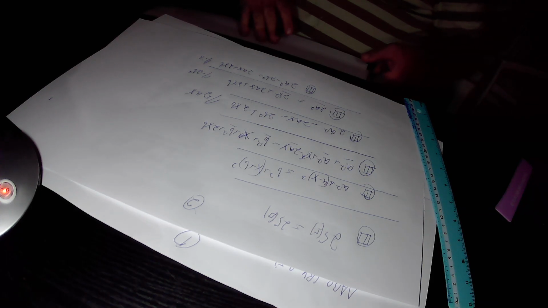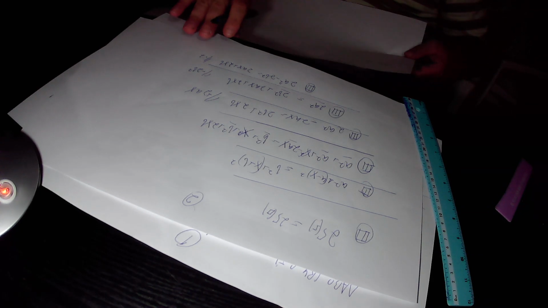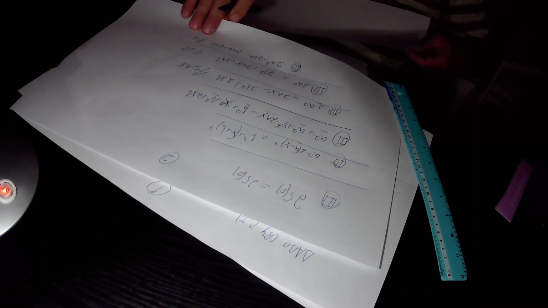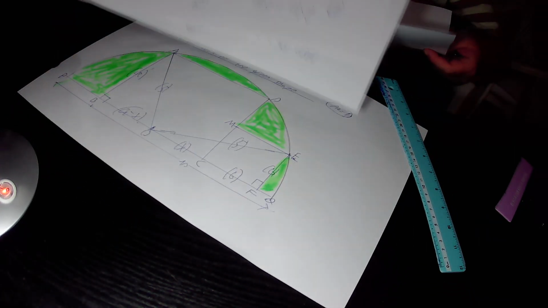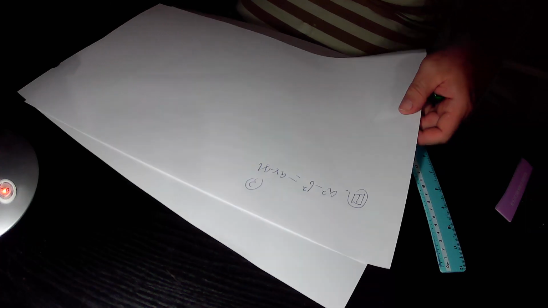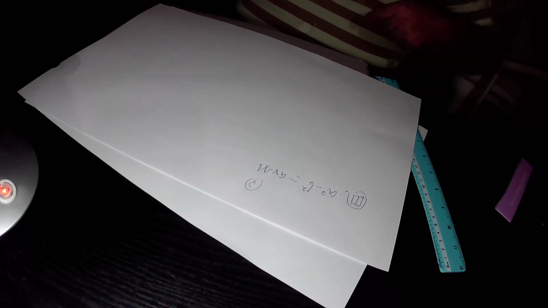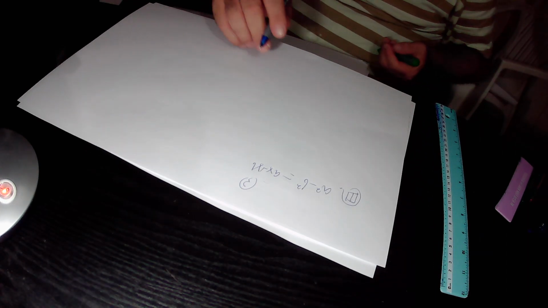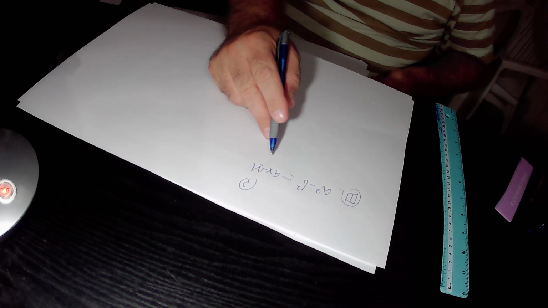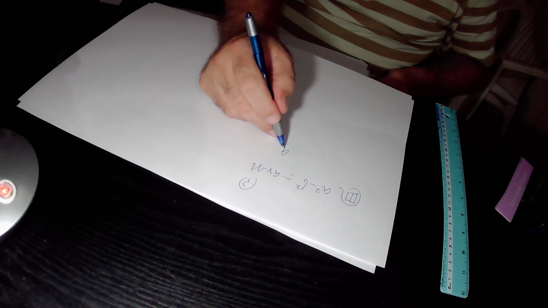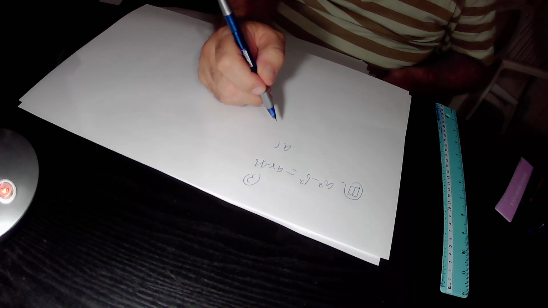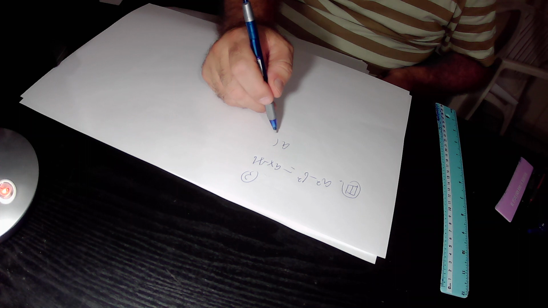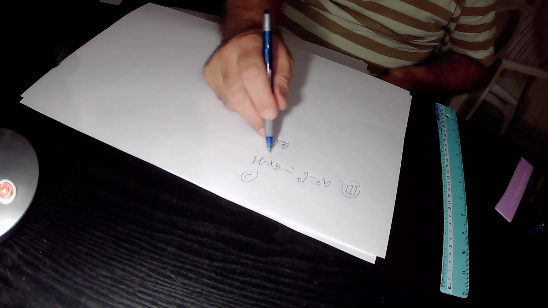And again, according to equation 3, a squared minus b squared equals ax plus xb. So here we take x as a common factor from those two expressions.